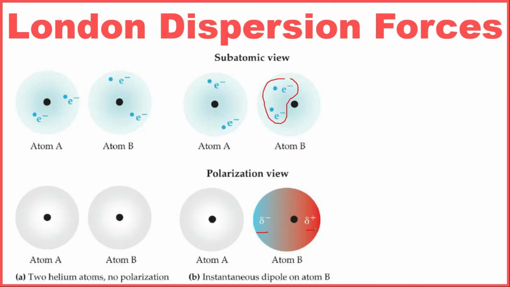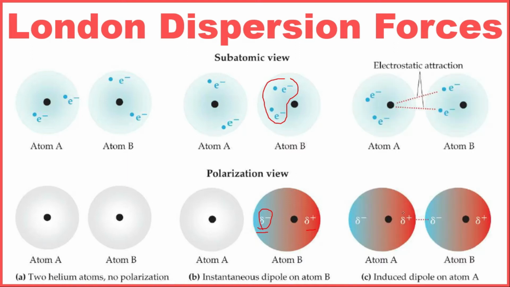Another helium nearby would then have a dipole induced in it, as the electrons on the left side of atom B repel the electrons in the cloud of atom A. So that's why it's called induced, meaning to bring about or influence. When the electron cloud is repelled to the other side, this will form a partial positive charge on the right side of atom A. Then atom A and atom B will interact.